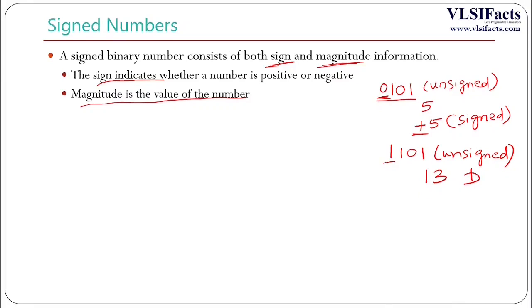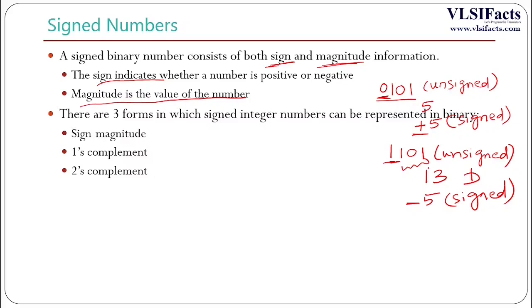Now the sign bit is 1, which is the most significant bit of this number. Since this is 1, the number will be minus, and the remaining bits are 101, which is 5. So this is minus 5 if the representation is a signed number. Clear? I hope you all are clear now.